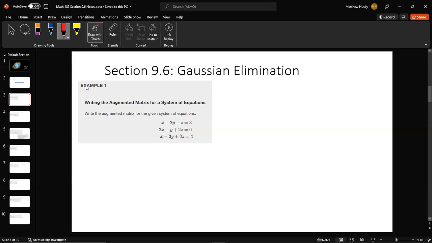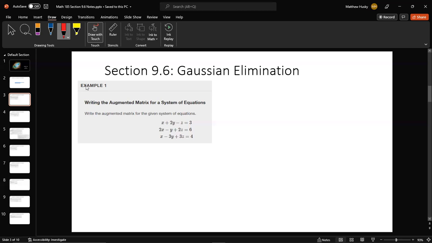Well, now what we're going to do is circle back around and put together what we know about matrices and then turn that into a strategy or technique for solving systems of equations. So for this first problem, they ask us to write the augmented matrix for the system.